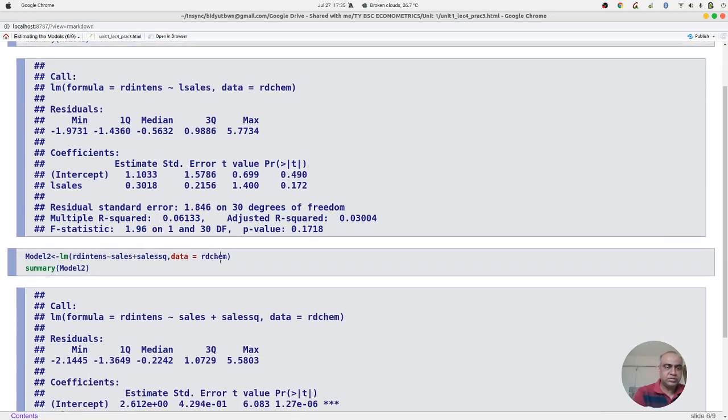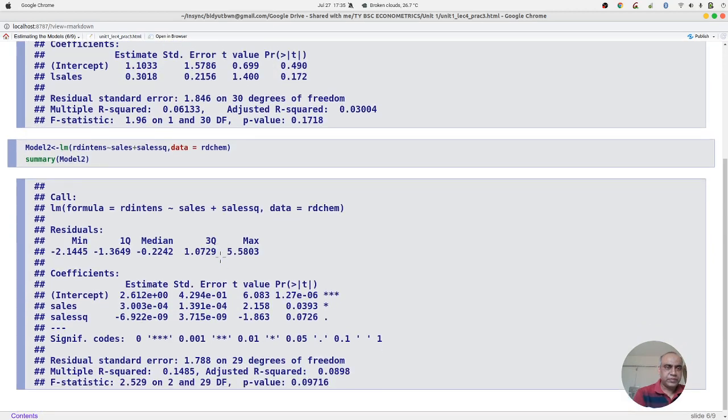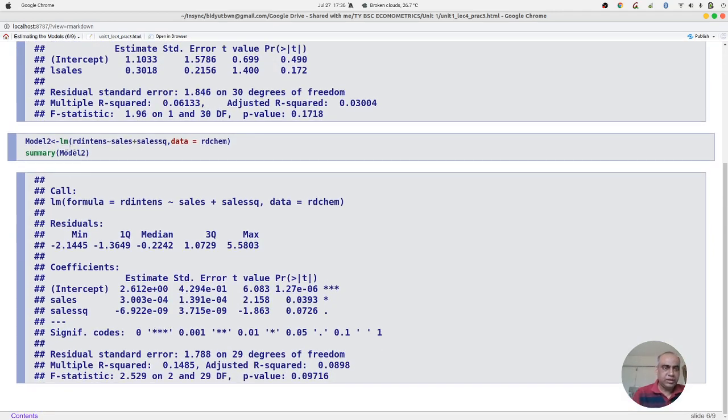In the second model also we have the same dependent variable, R&D intensity, and we have two explanatory variables, sales and sales square. Now here your R square value improves from 0.6 to 1.4 or 1.5, and the F statistic also increases to 2.529, and interestingly it is now significant at the 10% level.